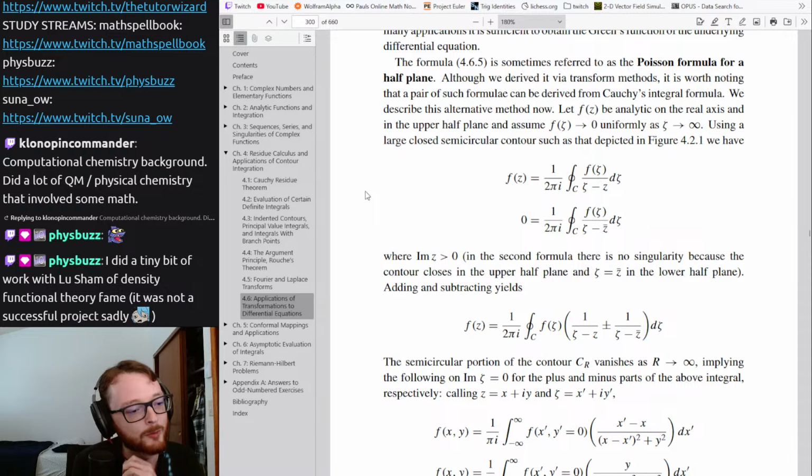Did a tiny bit of work with Lou Sham of density functional theory fame. It's not a successful project, sadly. Lou Sham? I have not heard of them. It's a funny last name, though. Density functional theory. I haven't heard of that either, to be honest.